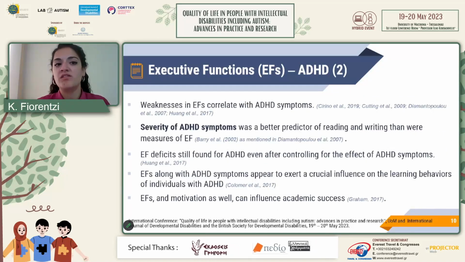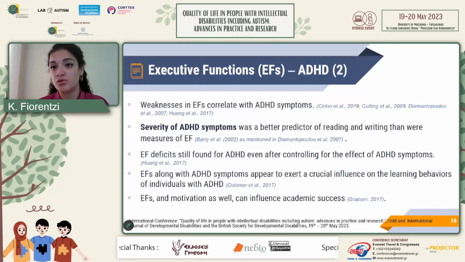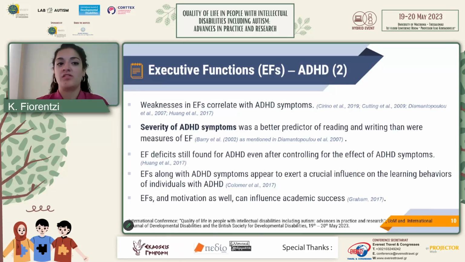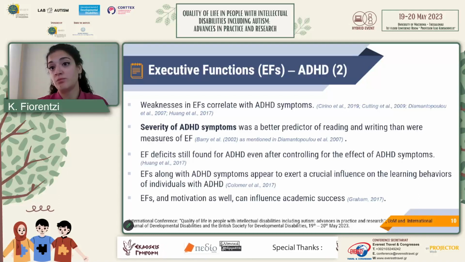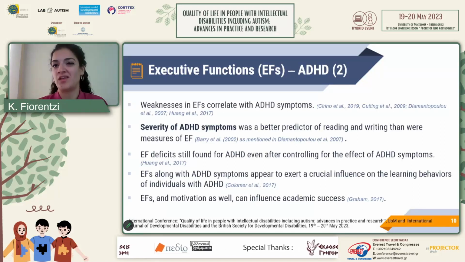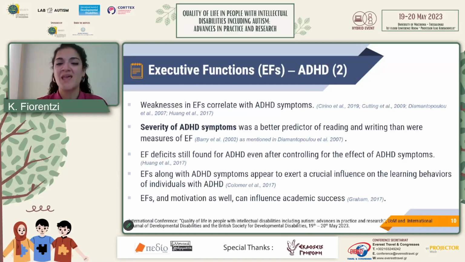So, weaknesses in executive functions correlate with the symptoms in ADHD, and more specifically, they link to the severity of the symptoms. The severity of ADHD symptoms has been found to be a better predictor of reading and writing skills than the measures of executive functions themselves.